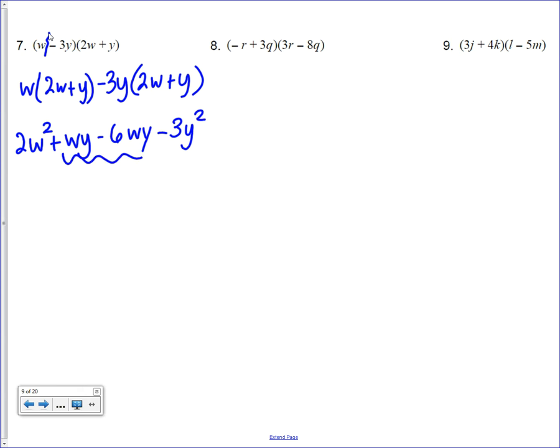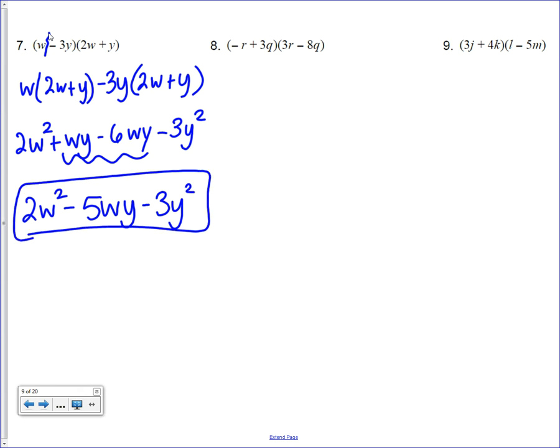Got it. Now, the middles do not cancel here, Luke, because those problems at the beginning were not the same. Okay. What do you get, though? WY minus 6WY. You got it. Negative 5WY. Fair enough?